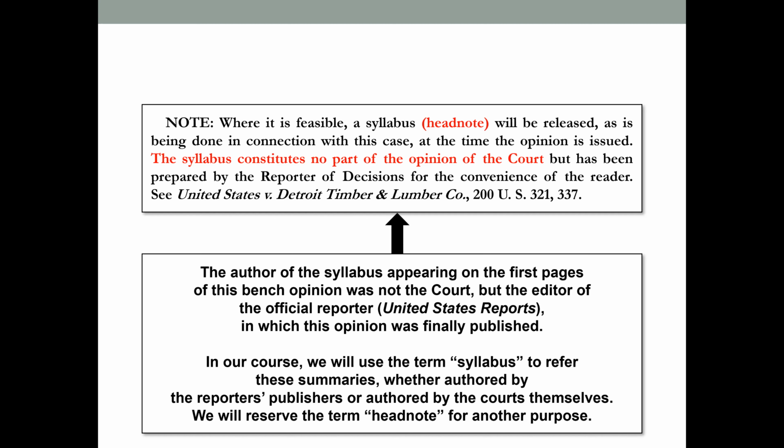Now, this term in parentheses on the first line of the note is headnote, and the editor here is implying that headnote is simply another term for syllabus. And be that as it may, in this course that you are taking with me, I'm going to be using the word syllabus to refer to these brief summaries that are placed right before a court's opinion begins, instead of the word headnote.